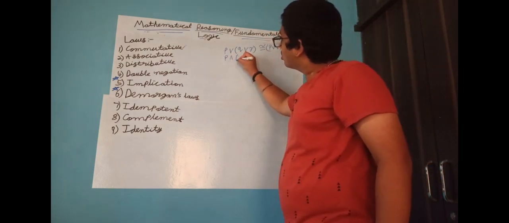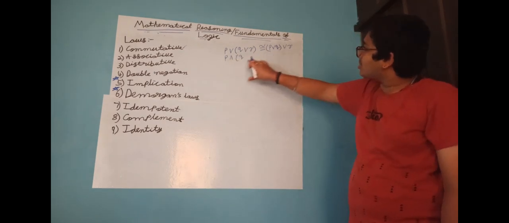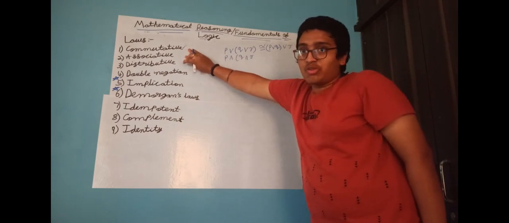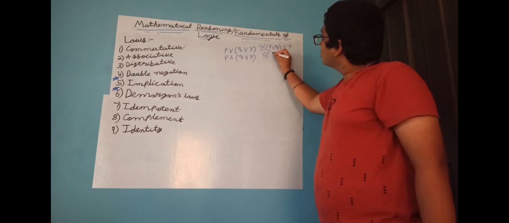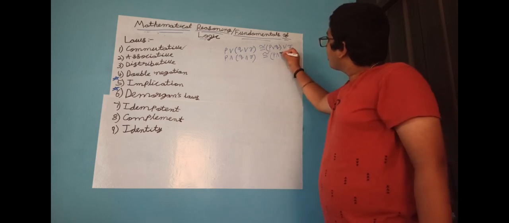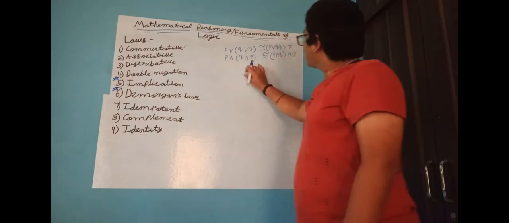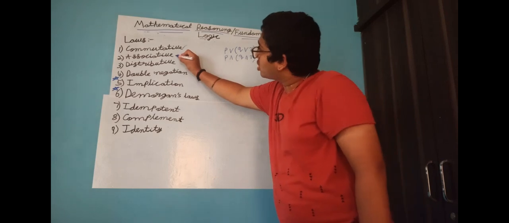Similarly for and also. Here, remember that in associative, both symbols must be the same. I will explain the difference between associative and distributive here itself. P and Q and R. There is no variation in both. We will get the same result. This is what associative is.